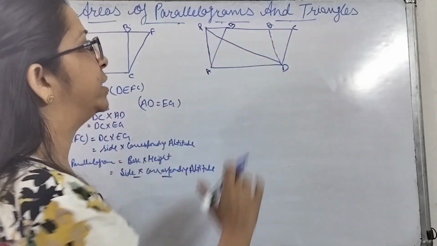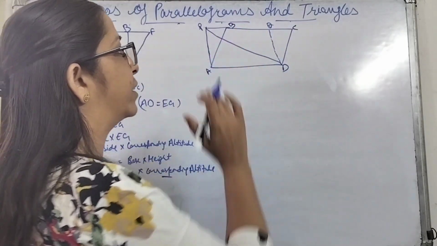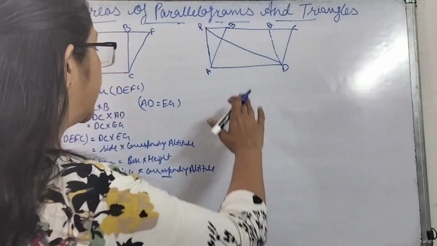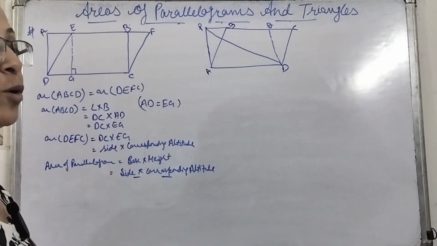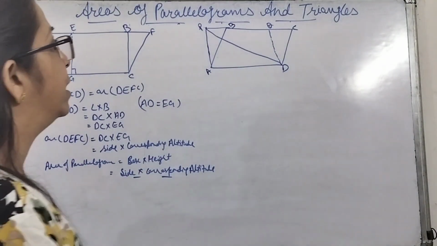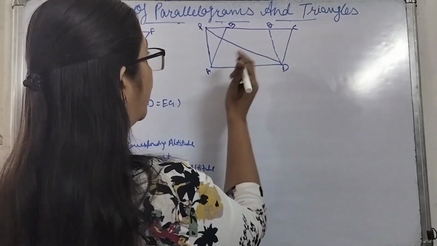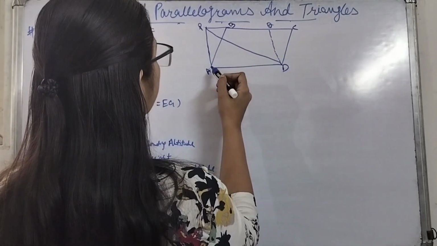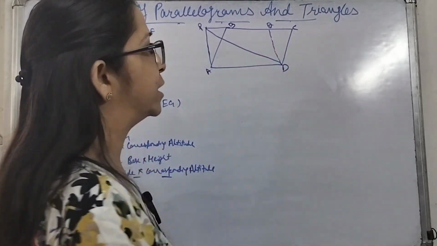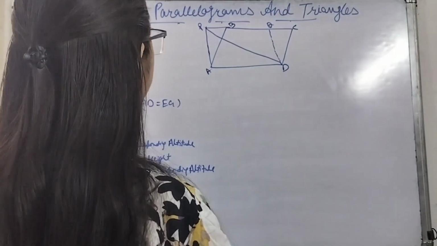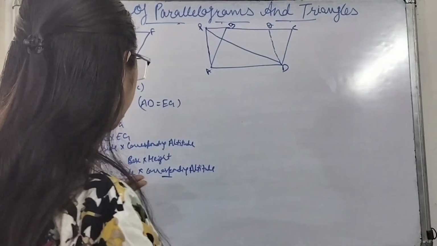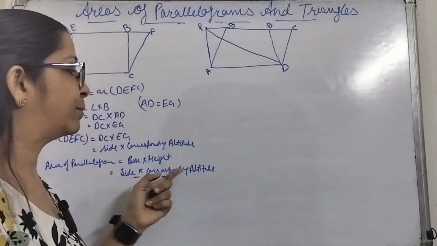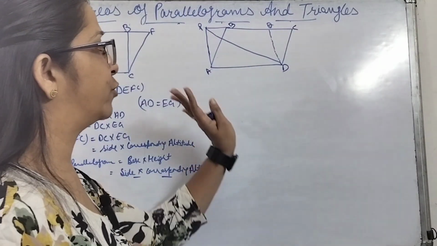Just now we have said that the area of the parallelogram is side into corresponding altitude. So the area of ABCD, the parallelogram, can be written as base into height, or as one of the sides multiplied by the corresponding altitude.